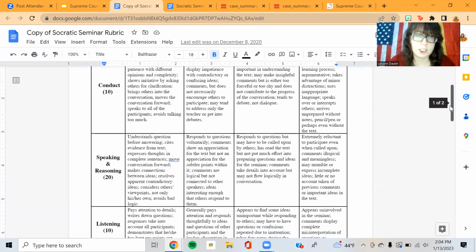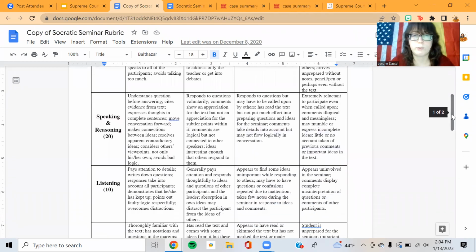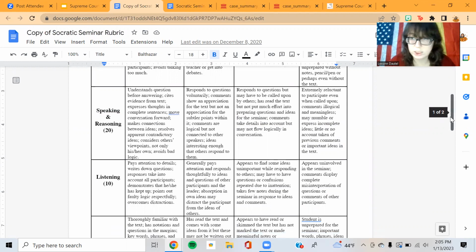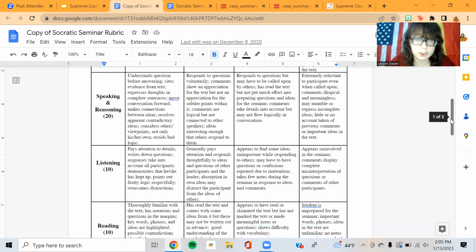Speaking and reasoning: are they able to really understand before answering questions and cite evidence from the case in expressing thoughts in complete sentences? Listening: are they able to pay attention to detail and listen before responding to their peers?